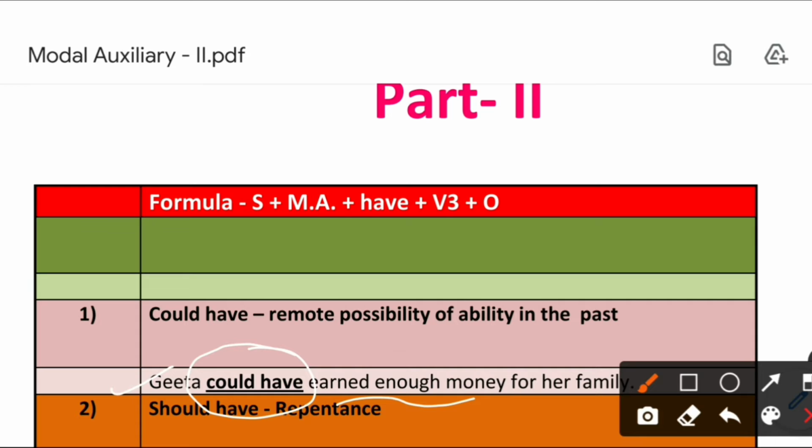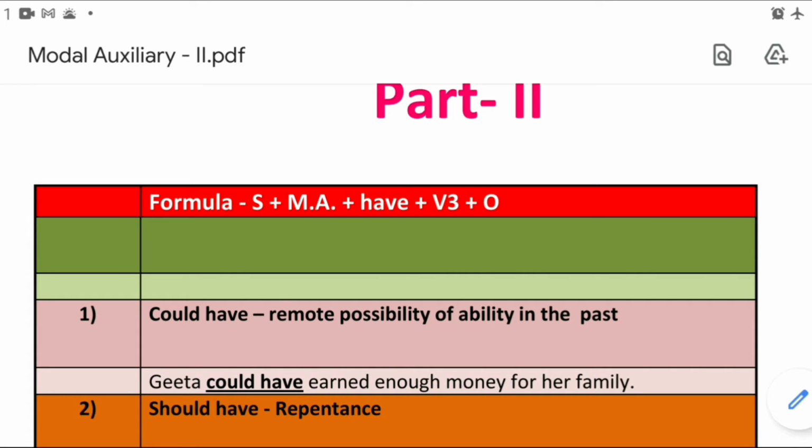In your real life, what could you have done? You can ask this question to yourself, and then you can try to answer in this way.